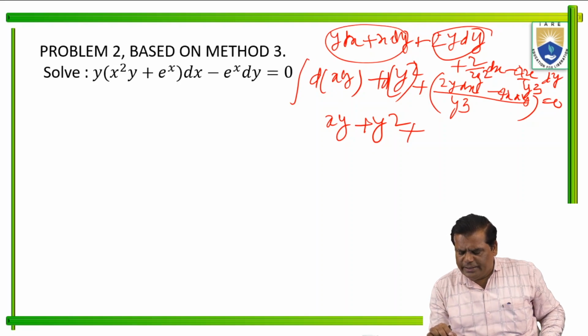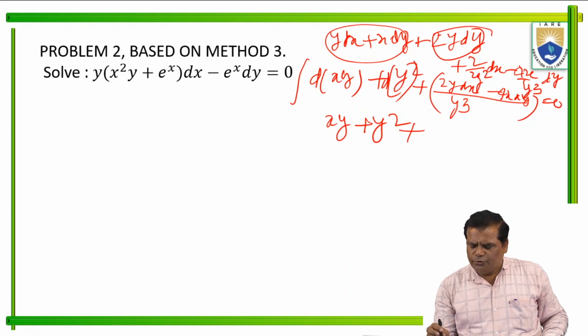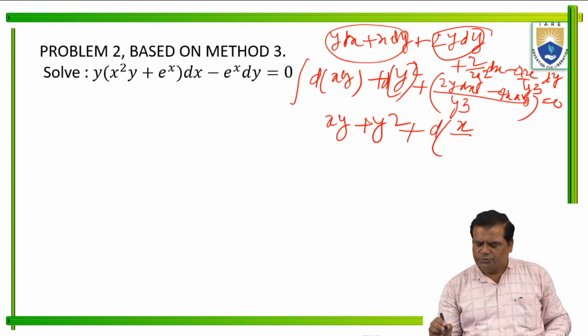Here 2y dx plus 4x dy. So this is the differential of x upon y square, x upon y square. So this is the differential of x upon y square equal to c.